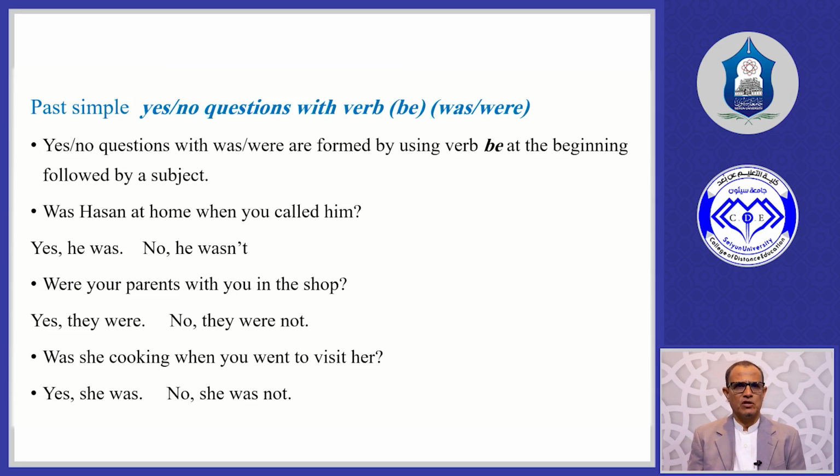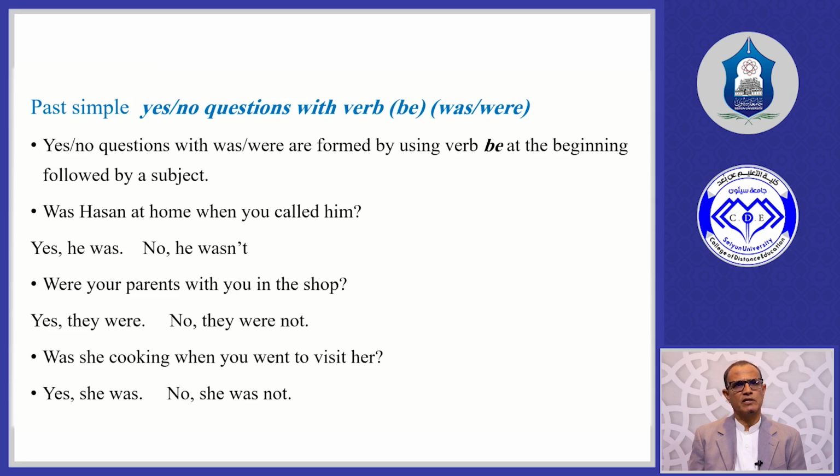Because the question was made by using were, the answer should also use were. And the answer will be yes or no, because it is a yes/no question, since were and was are used to make these questions. The last question, for example: was she cooking when you went to visit her? No, this question is in the past continuous.